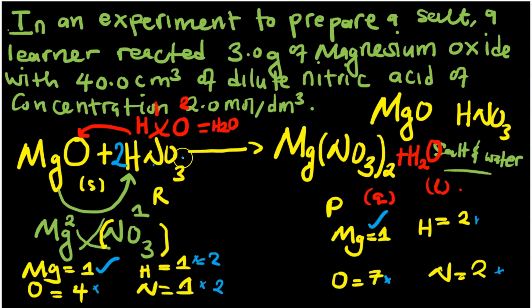It also multiplies oxygen, so oxygen already has 3, then multiply by 2, we have 6 plus 1, which means oxygen this side also goes to 7. So this is the balanced chemical equation. The 2 has balanced the equation on both sides. Nitrogen here is 2, and nitrogen this side is 2, so everything is balanced. So this is how you balance.